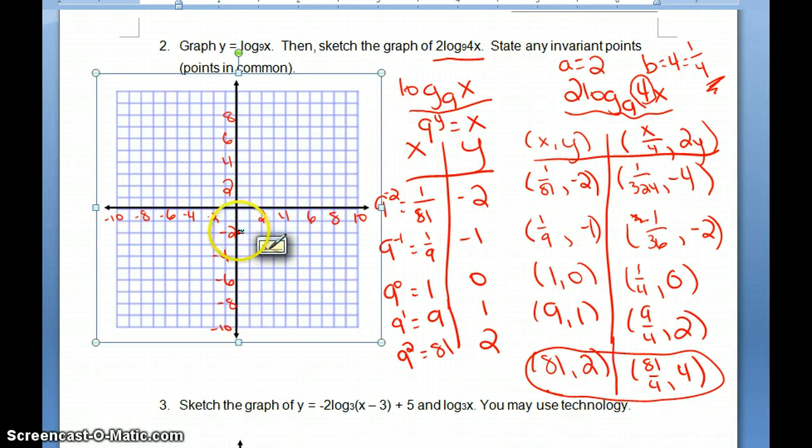Then we have 1 over 9, where y is negative 1. Then we have 1 and 0. And then x equal to 9 and 1. And we're not going to even bother with 81 and 2. That is a little bit ridiculous.